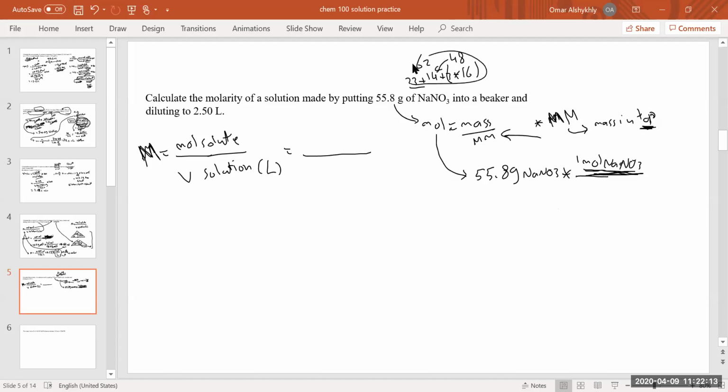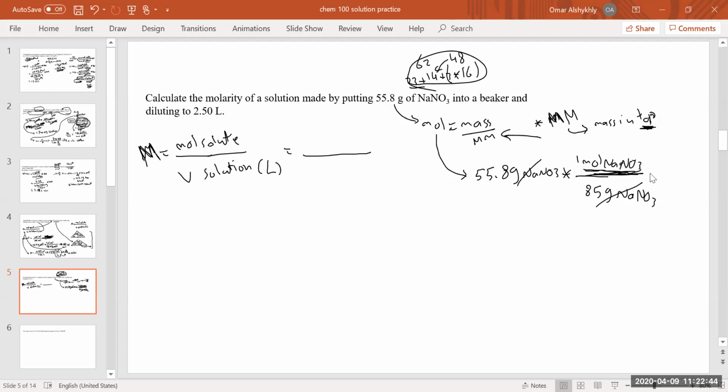Just double check the number, guys. So here will be 85 gram NaNO3. Now look, I can cancel gram with gram. That's why I put the mole in the top. Do the math, 55.8 divided by 85 gives me 0.65 or 0.66 approximately.